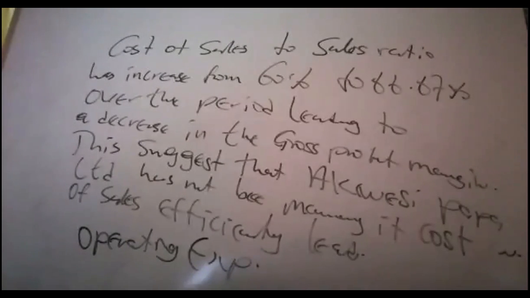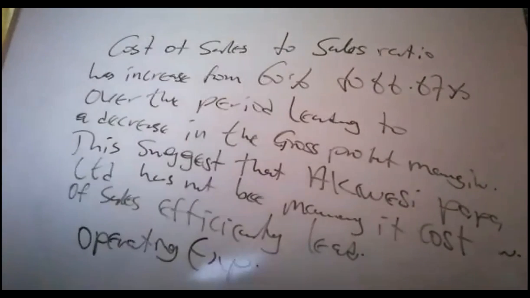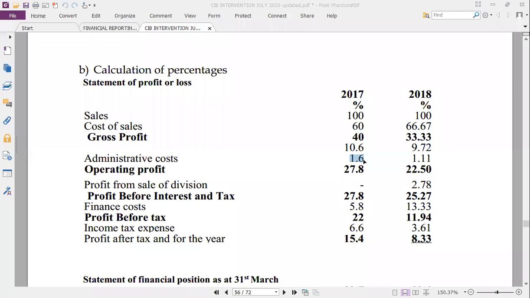So this is how we have to write the common size report if there are 2 years. Now the operating profit, did it decrease or increase? So here we move on to the next line.